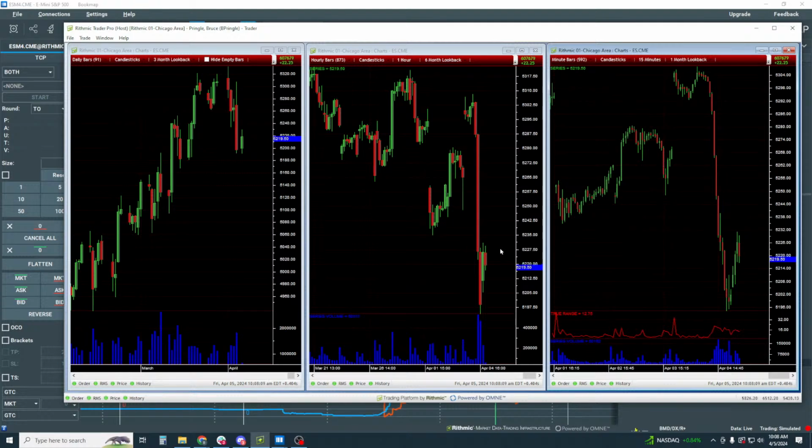On Monday and Tuesday, we talked about the outside day. This is kind of a review, and it is such an important understanding of the market and how the mechanics work on all time frames. So let's review this first, and then we're going to look at it within the order flow in Bookmap.